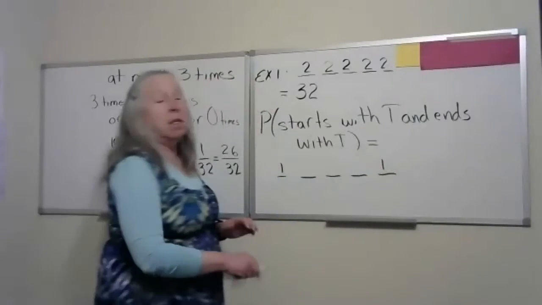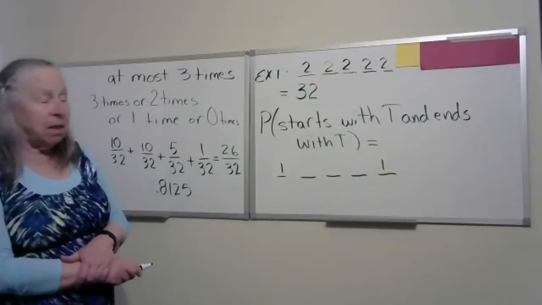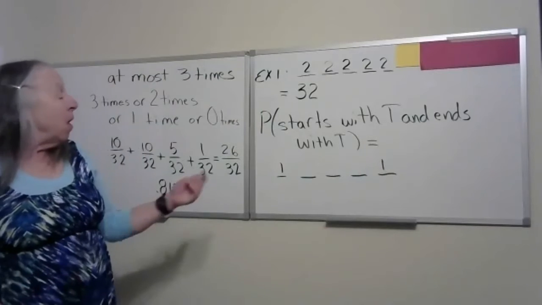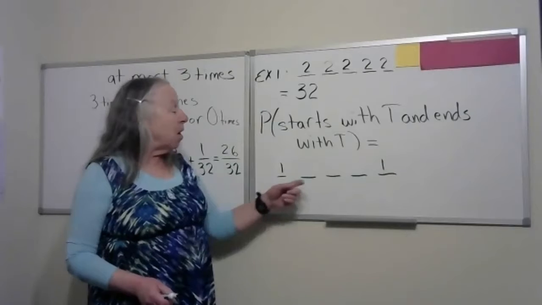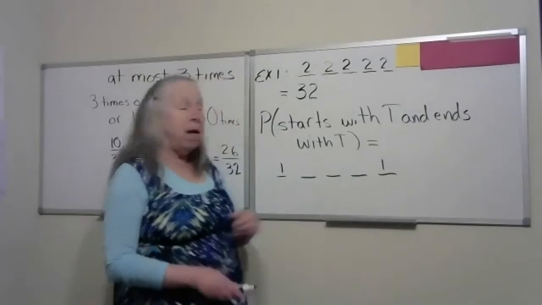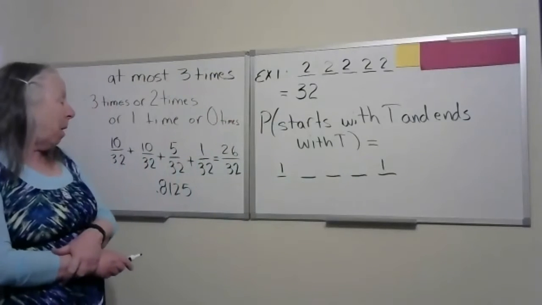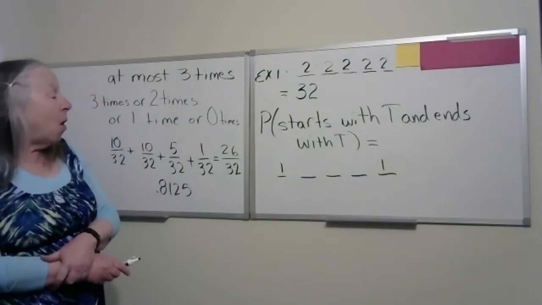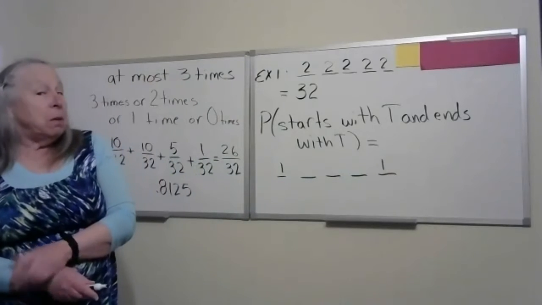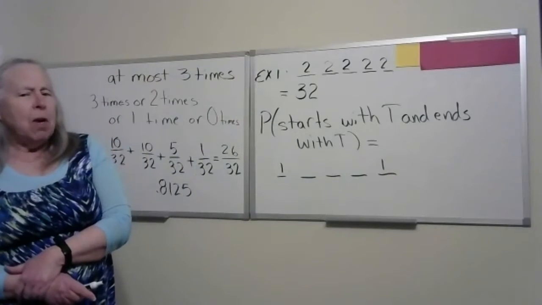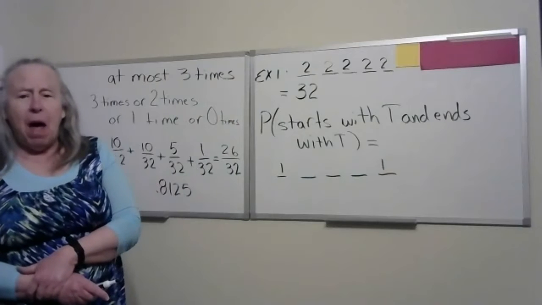where if we look at these 5 spots that we have to fill, there's only one way to fill that first spot, and there is only one way to fill that last spot. And so what about these in-between spots? Did we specify if it had to be a head or a tail in any of those other spots?